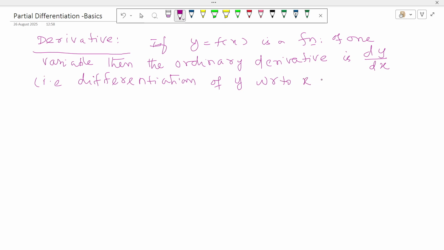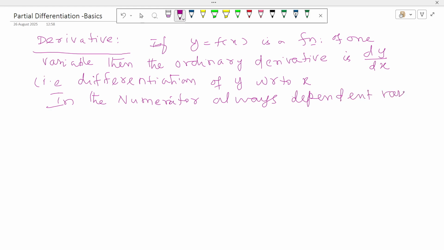So in the numerator, always the dependent variable is there.